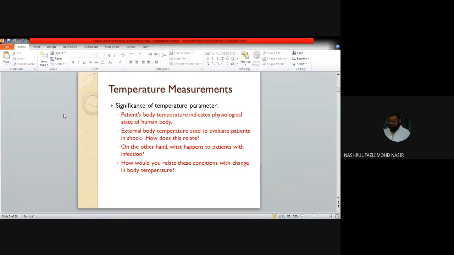So this is one of the ways to identify whether a person is healthy or not. And now because of COVID, which is related to fever, cold, this flu type of disease, this type of temperature measurement will be more relevant.